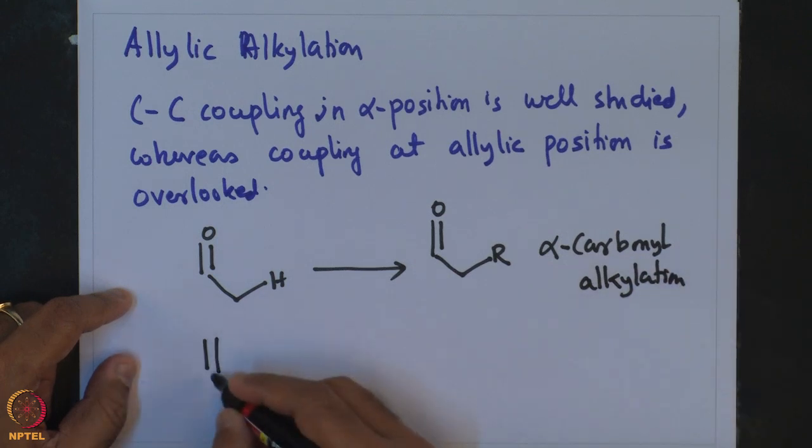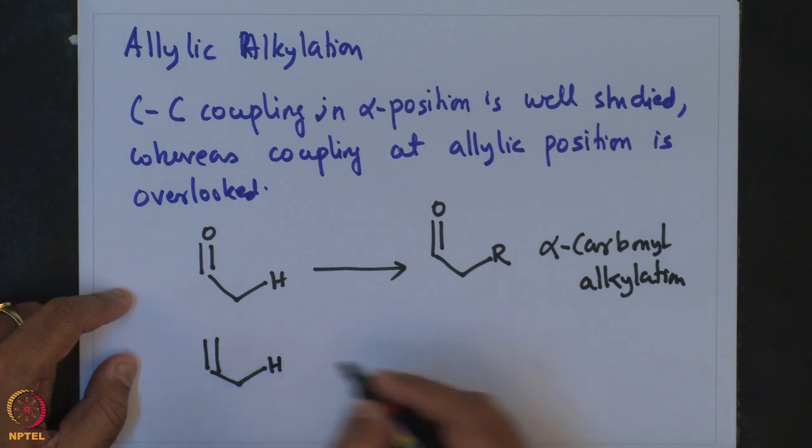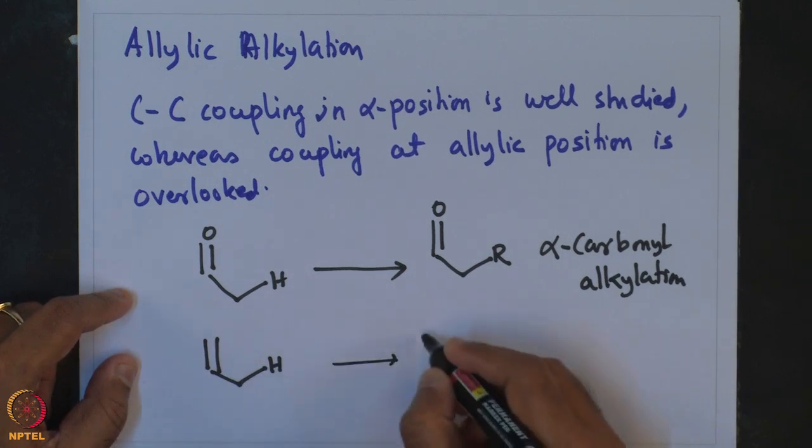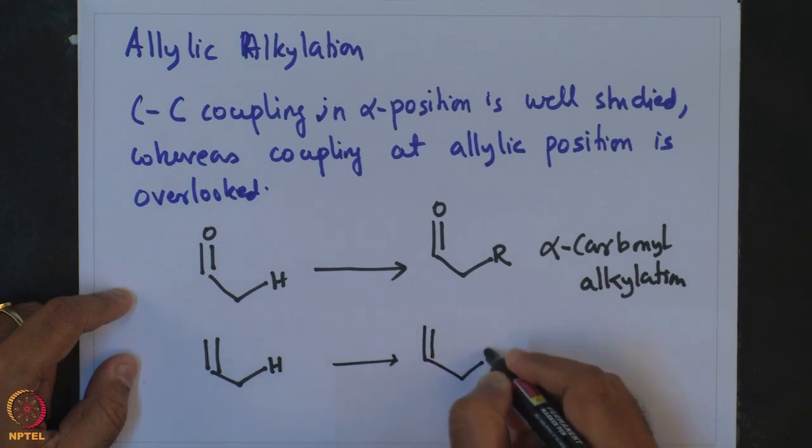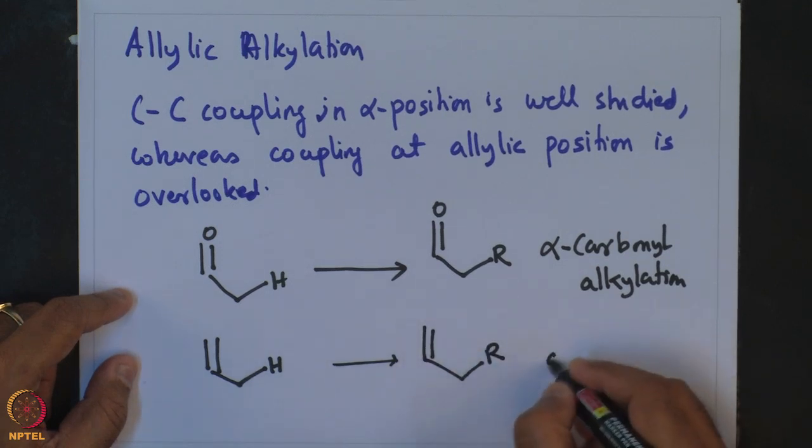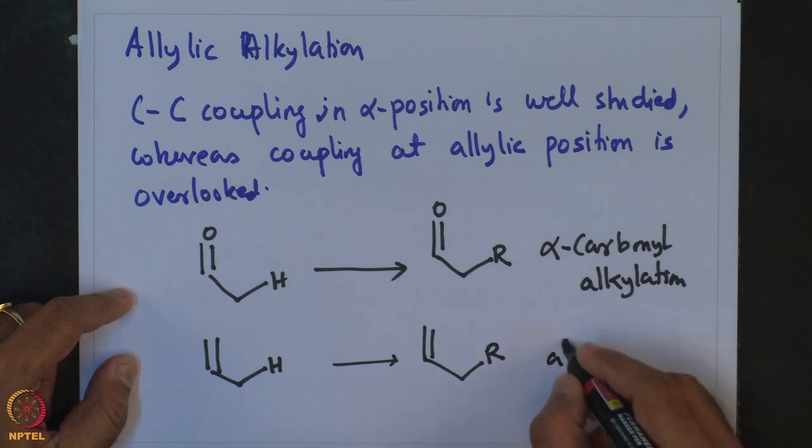Whereas allylic protons getting converted to an alkyl group is called allylic alkylation reaction.